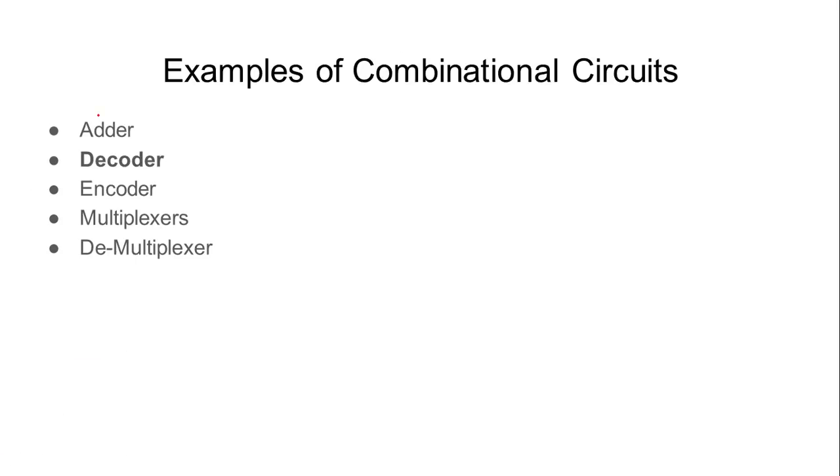As I said earlier, combinational circuits are not restricted to these particular examples only. Any circuit diagram consisting of a group of logic gates is actually called a combinational circuit diagram.